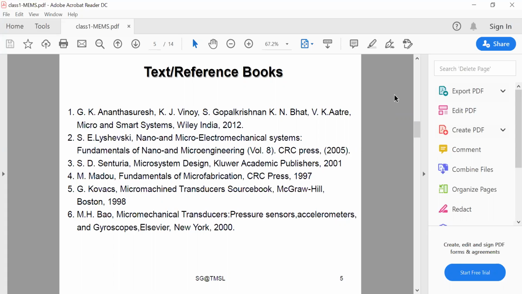That is the prerequisite knowledge for this subject, MEMS. So you must go through the basic knowledge about semiconductor devices. If you have forgotten this, go through the basic principles and how these devices function, so that you can understand this subject easily.